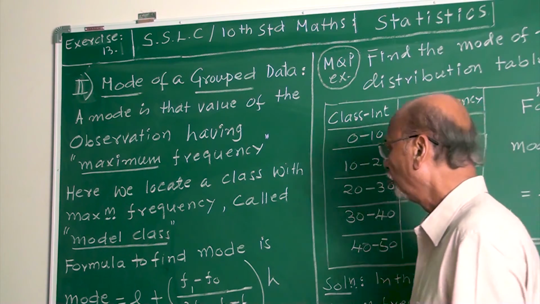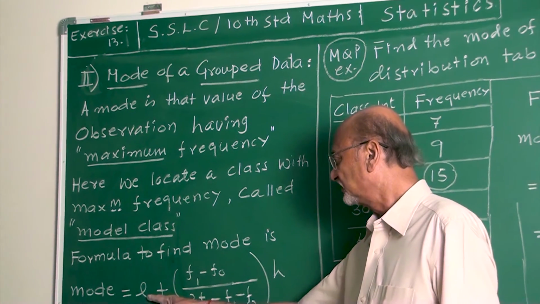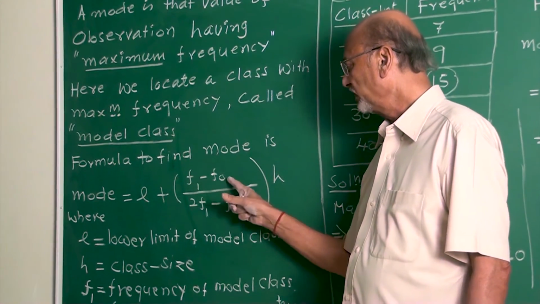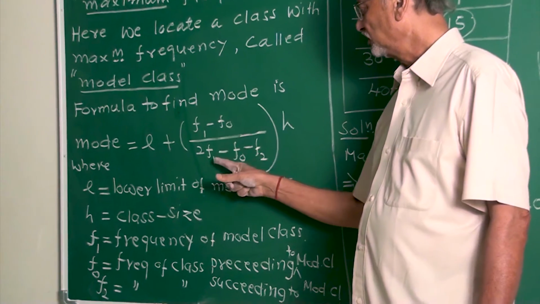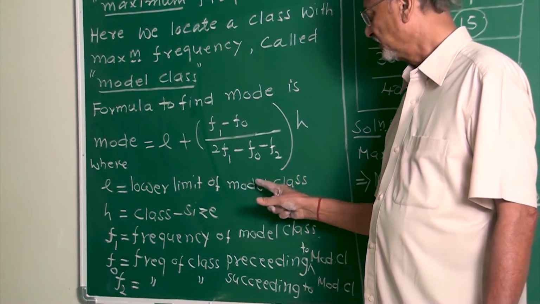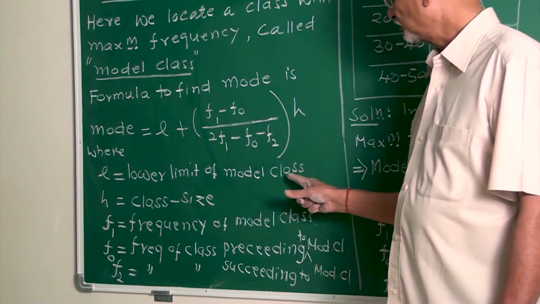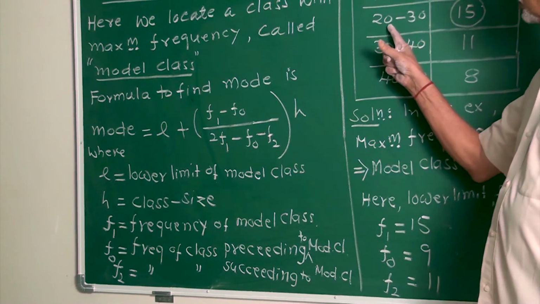Then the formula to find mode is L plus (F1 minus F0) upon (2F1 minus F0 minus F2) into H. Here the detail is given. What is L? Lower limit of the model class. What is the lower limit here? 20.